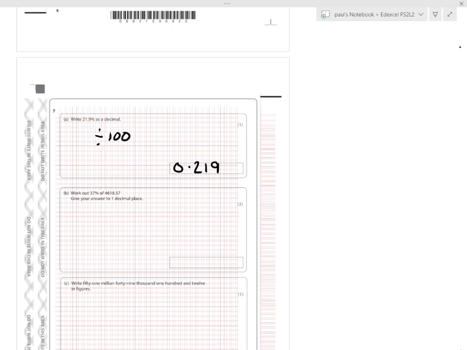So 37% of that is 37 divided by 100 times 46185.57. And as a decimal, one decimal place, 1708.9, because it was 1708.87.